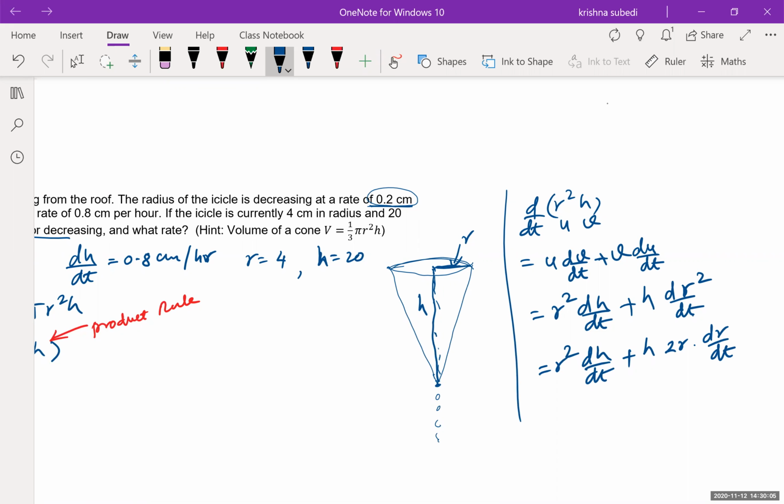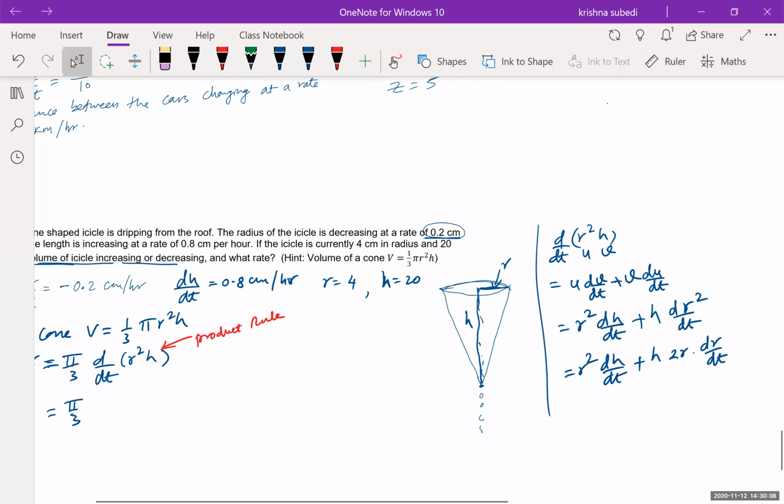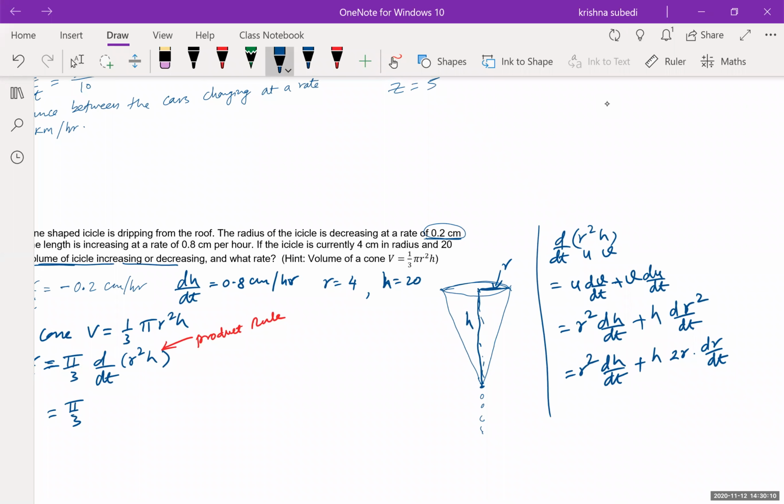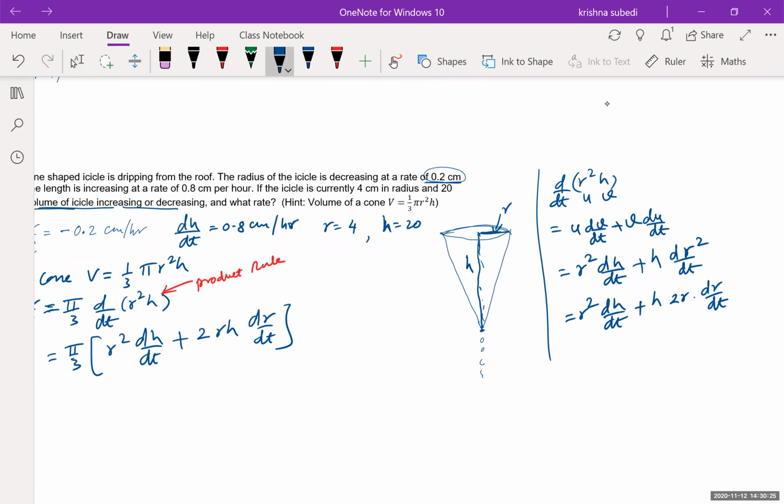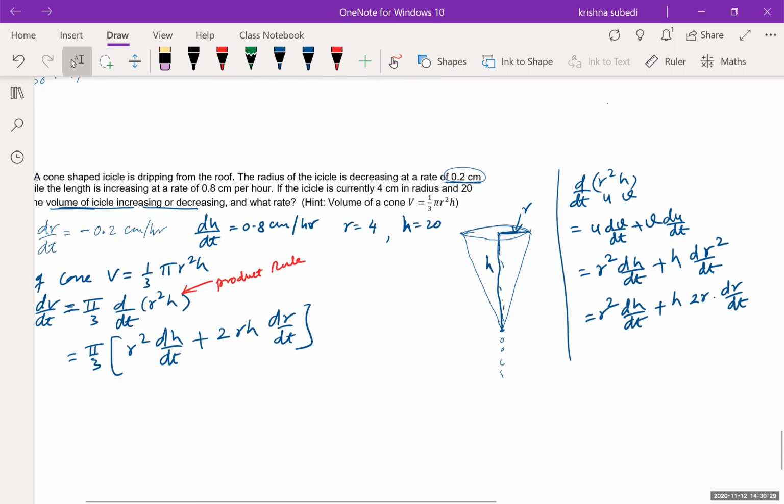So the derivative is r square dh over dt plus 2rh dr over dt. Now we are done with the derivative. Step 4 is done.